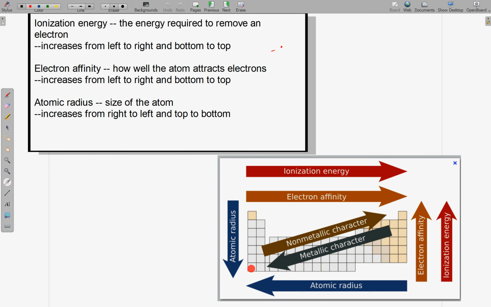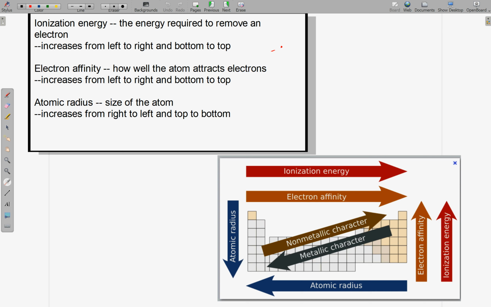Francium is the most metallic metal, and so it wants to give away electrons, okay? And so it has a really low ionization energy. It doesn't take a lot of energy to remove an electron because it already wants to give it away.